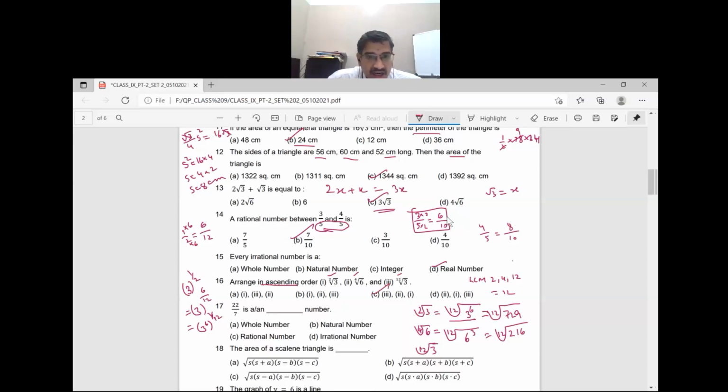See, this technique is a very important thing which you must know: how comparison between surds is done. If you want to compare any surds, the index of the surds must be the same. That's the first part that you have to keep in mind. You must know the procedure for bringing them to the same index. Then it becomes easy.